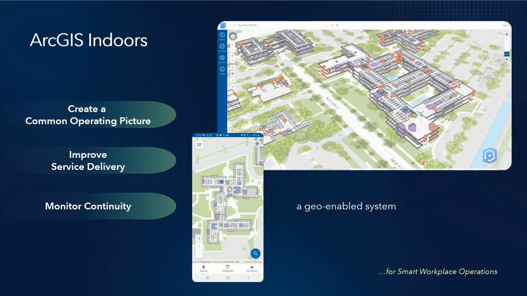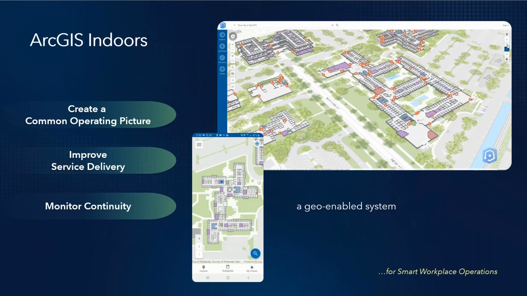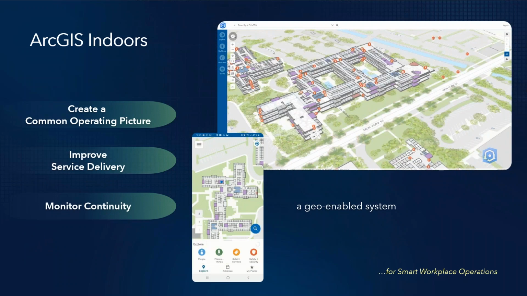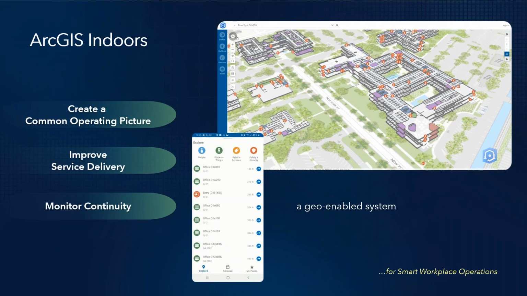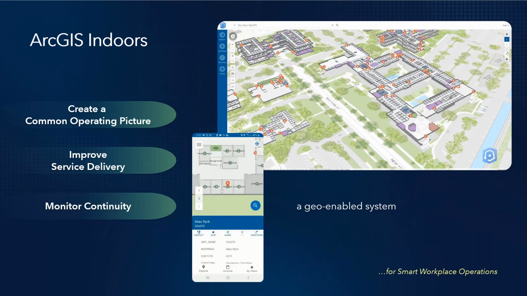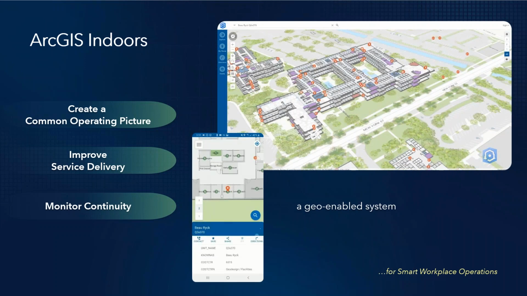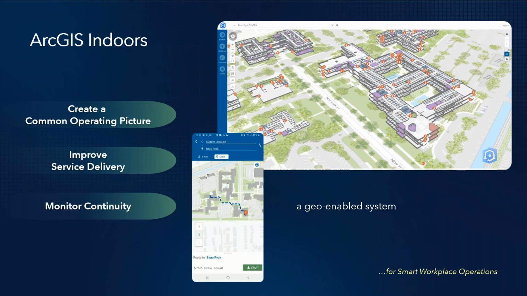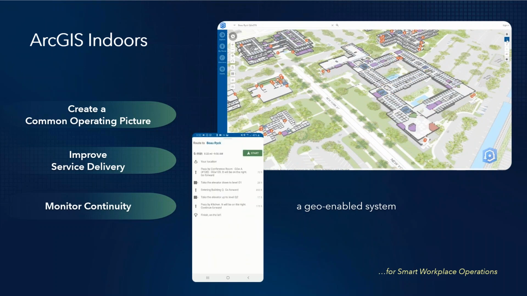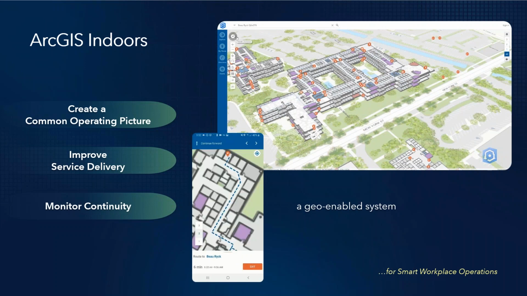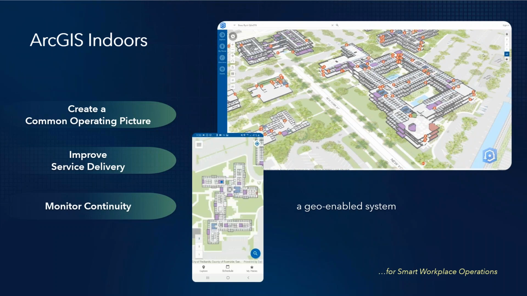Ultimately, it is at first for creating that common operating picture so that everyone knows where things are across the workplace. This helps an organization have a fundamental understanding of their workplace and then use that to better improve service delivery as well as monitor real-time data in that context in order to maintain continuity of operations.